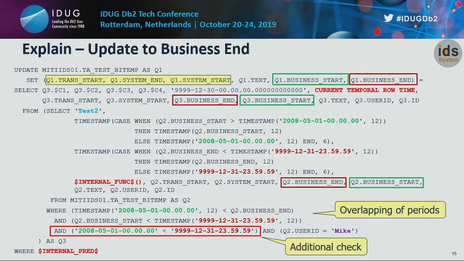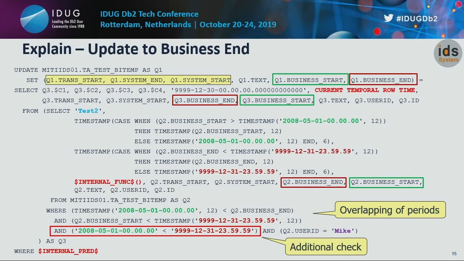And this is an explain from that simple statement. Wow, looks complicated. Well, it is complicated, because we just updated the one column. You see, it has to update the system end, the system start, and of course the transaction start column in the background. This is all hidden under the covers.